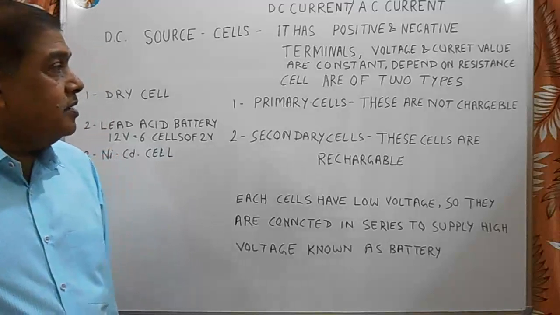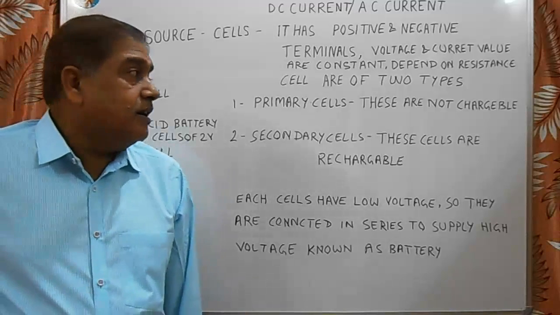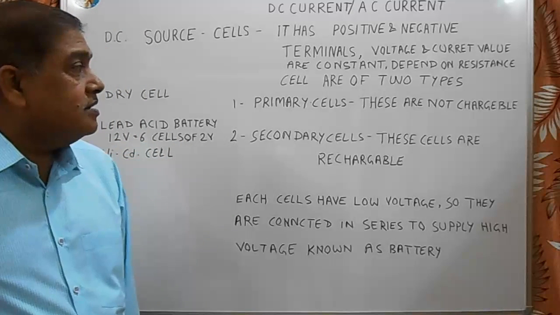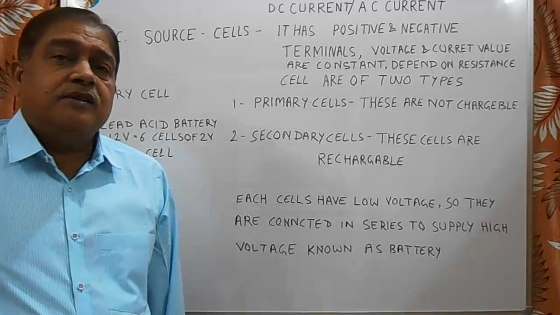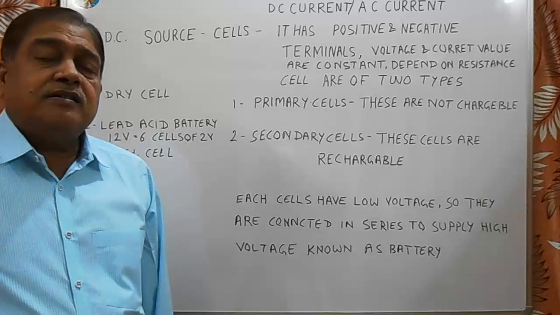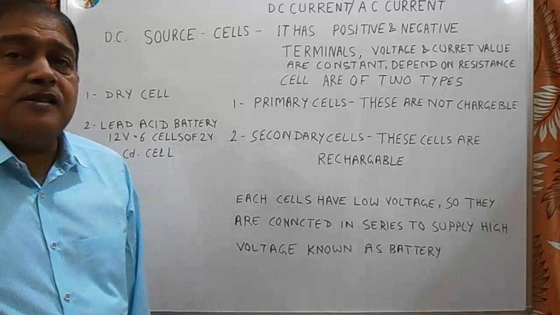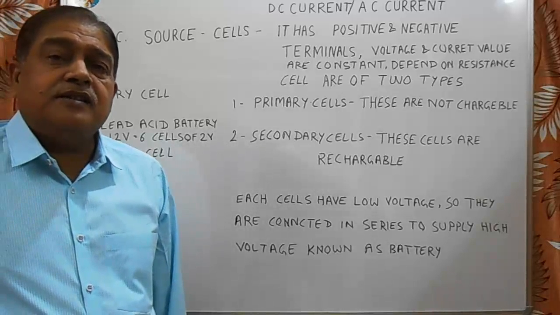There are mainly two types of cells, primary cells and secondary cells. Primary cells are not chargeable, whereas secondary cells are chargeable. Examples of primary cells are 1.5 volt dry cells and pencil cells.